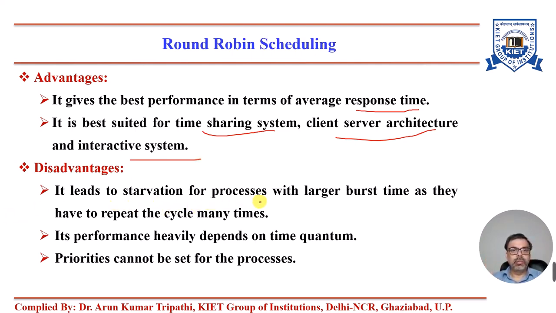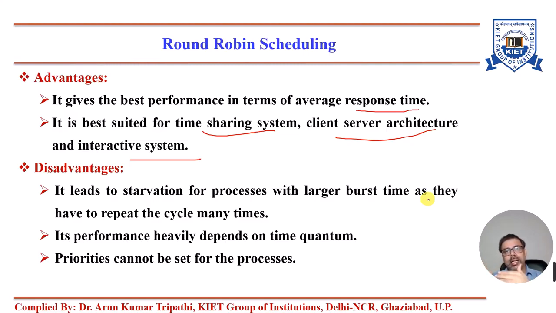Disadvantage: it leads to starvation for processes with larger burst time, because the processor will be allocated one after another. Firstly, consider the time slice as 2 milliseconds. If process P1 requires a total of 100 milliseconds and the time quantum is 1 millisecond, then process P1 will be switched over or enter into the ready queue 100 times.